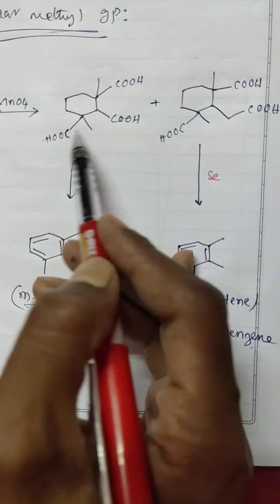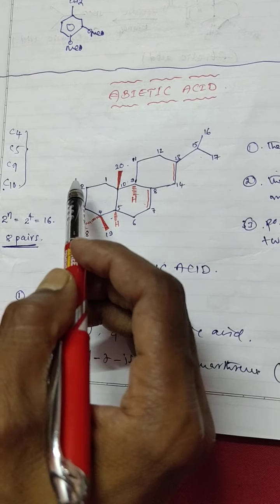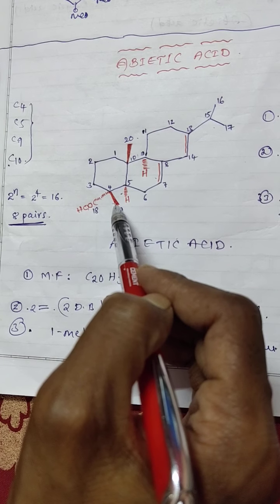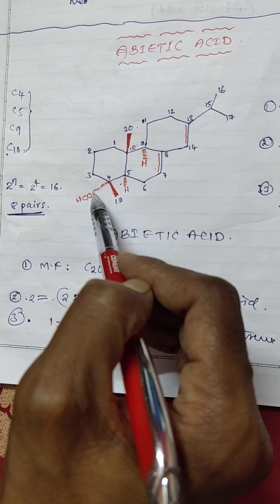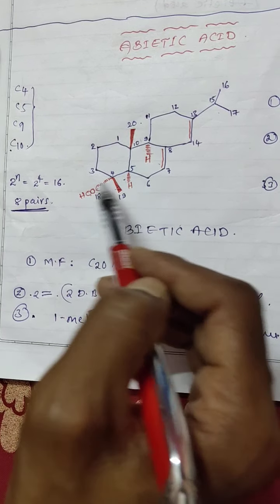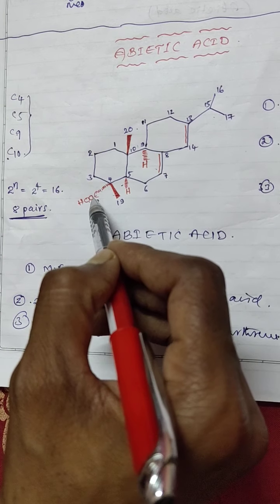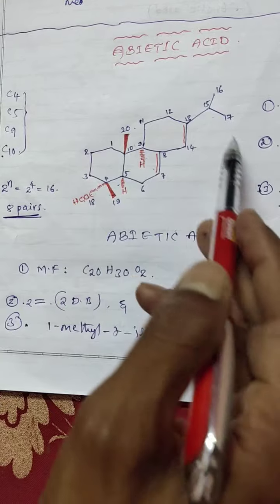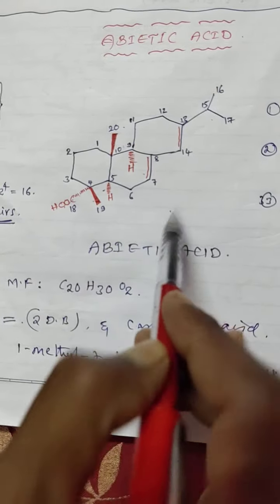The formation of these two tricarboxylic acids indicates that the angular methyl group and carboxylic group are trans to each other. So this is the abietic acid stereochemistry. Okay students, I hope you understood this topic. Thank you.